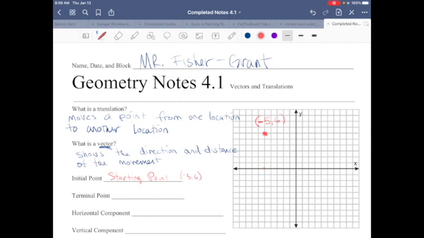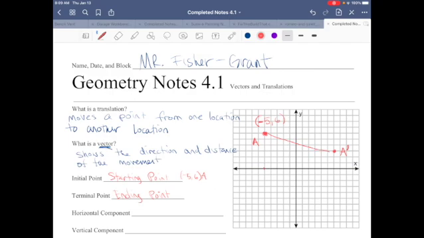And the terminal point, so where we're moving it to. Let's call this point A. All right? We'll call that point A. And the terminal point is our ending point. We're going to call that A prime, right?